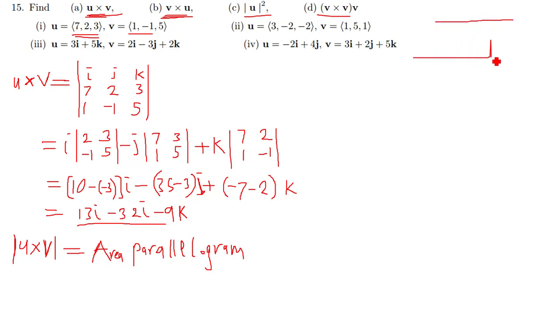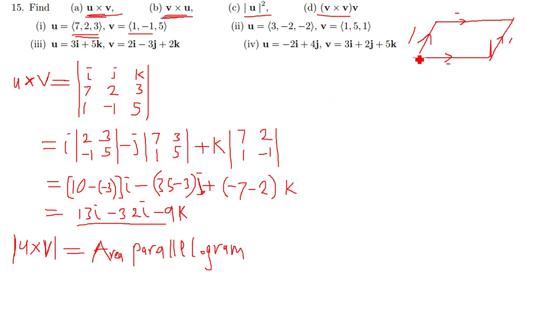So it can be like this. It has both sides parallel, like that. You have these two sides which are parallel, even these two sides are parallel. So this is a parallelogram.